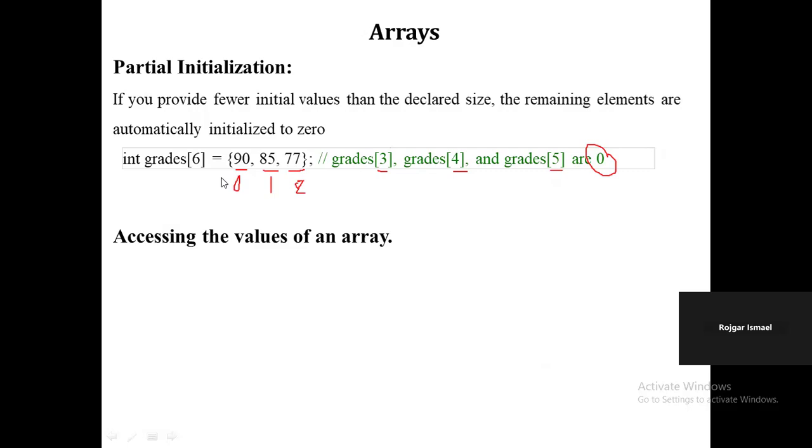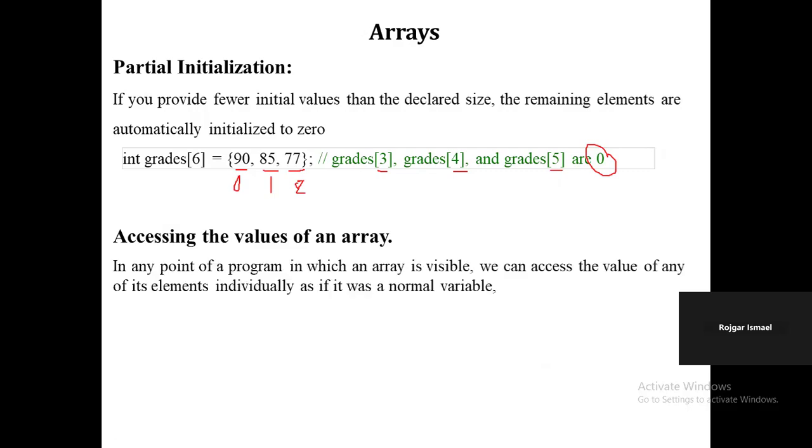Continue to the next part. If we want to access the values, even all of them, or individually, or a single one, we can do it through a basic format of name and index.